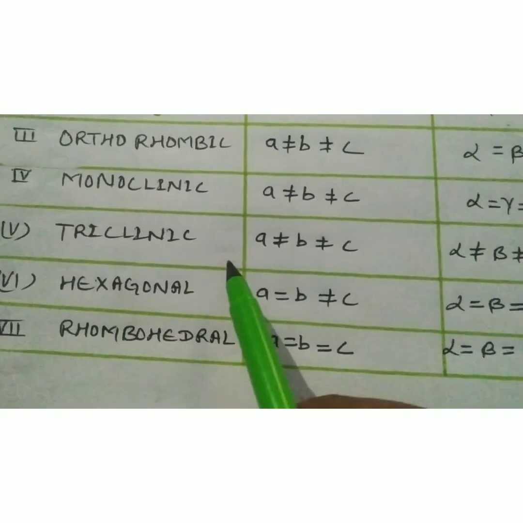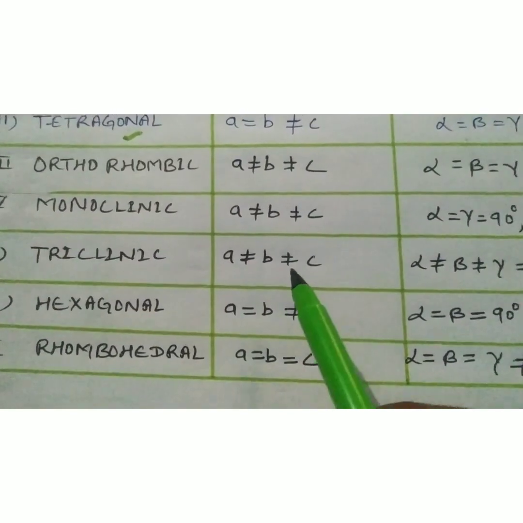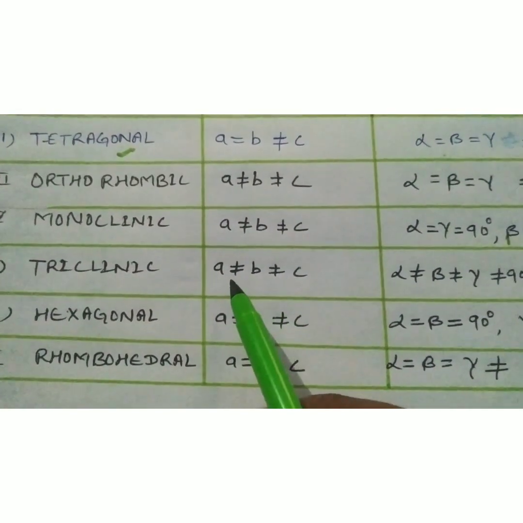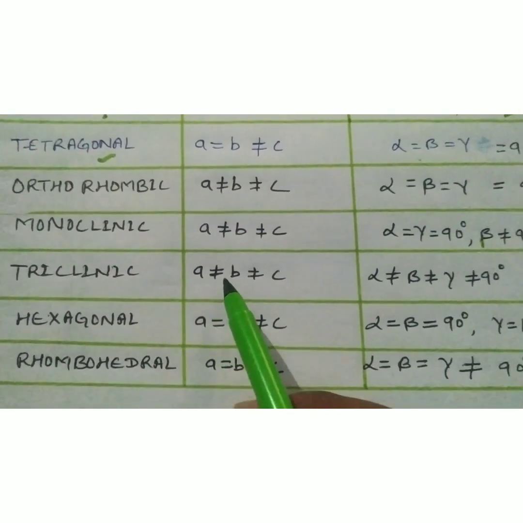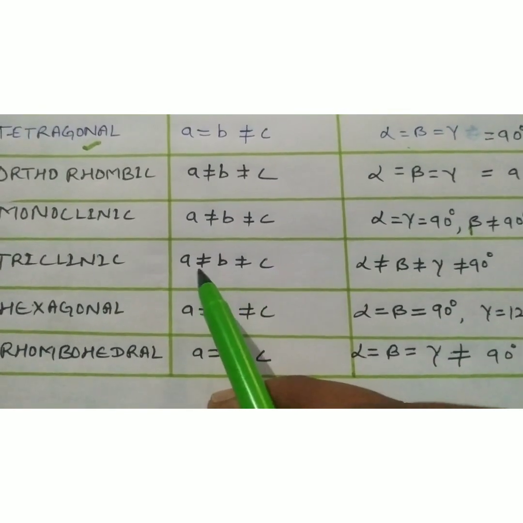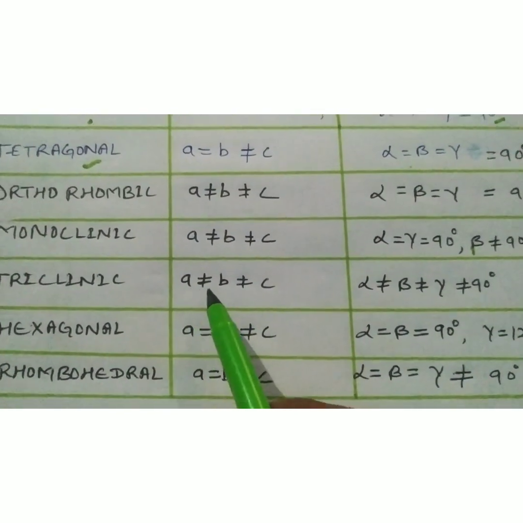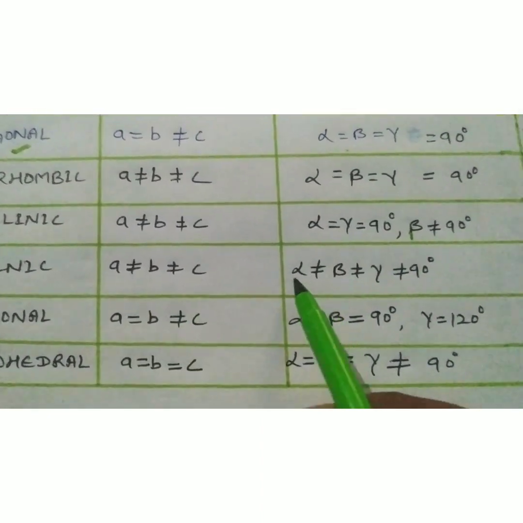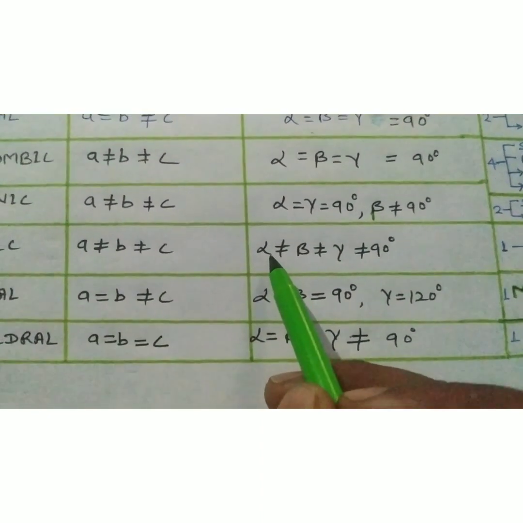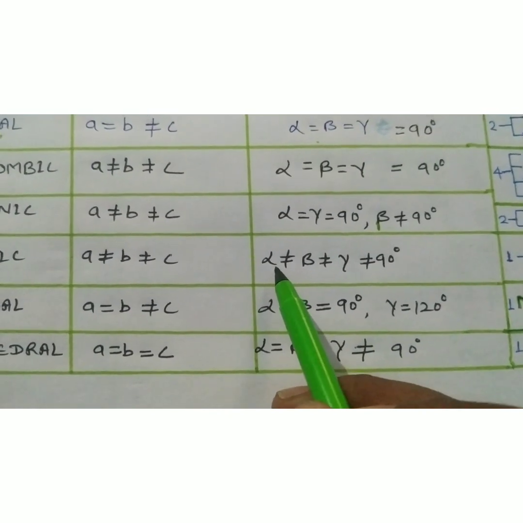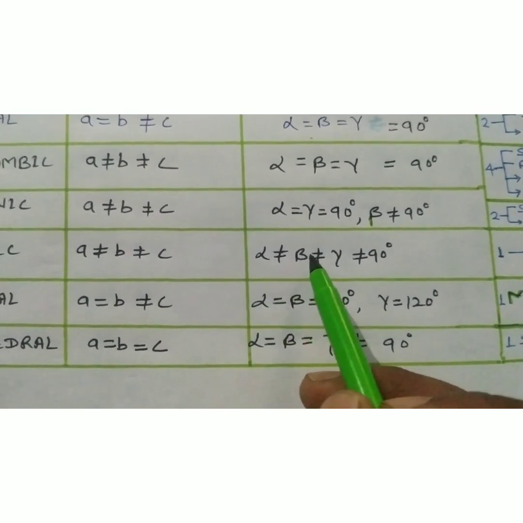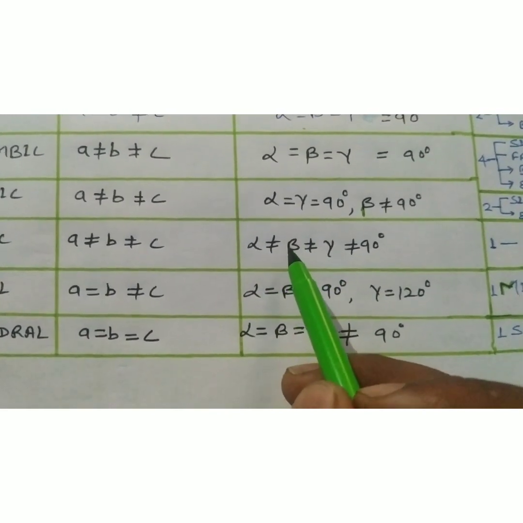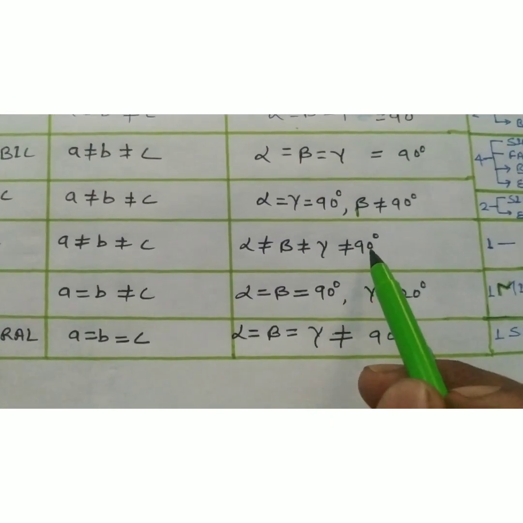Now come to triclinic. Triclinic also has length, breadth and height not the same, means A is not equal to B and B is not equal to C, while for the angles, attention please, alpha, beta, gamma will not be equal to 90 degree.